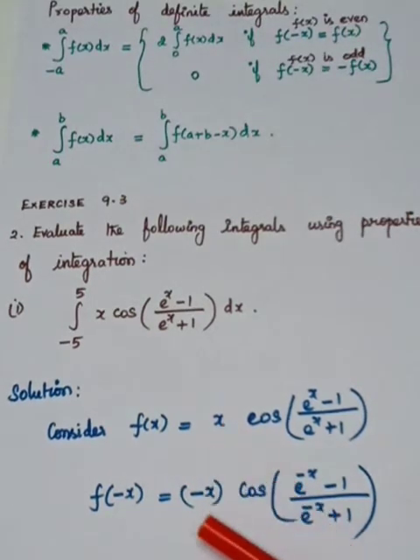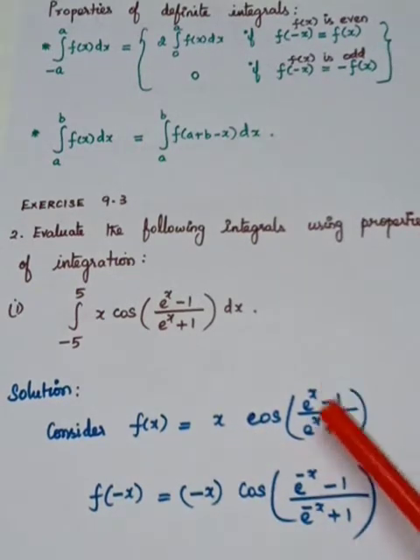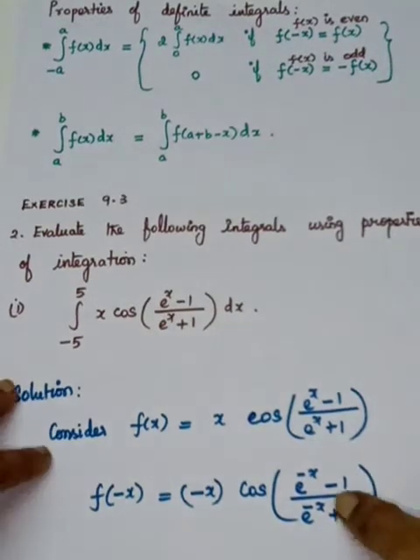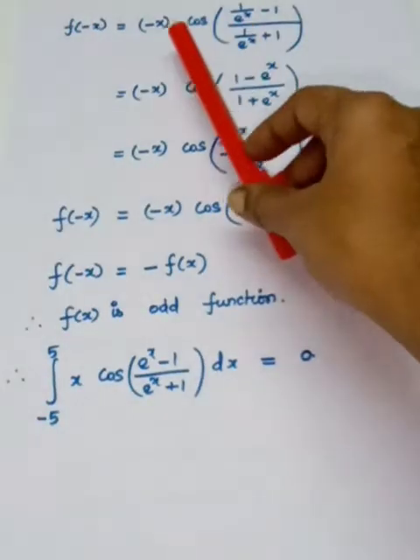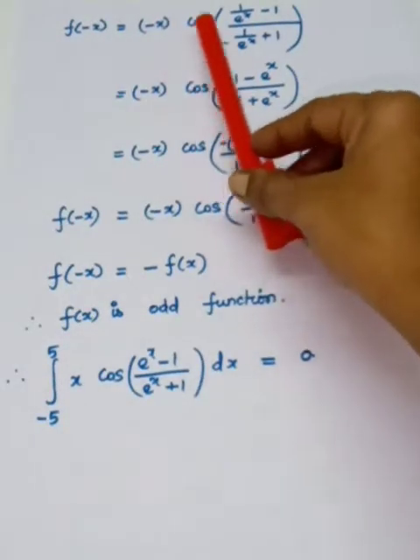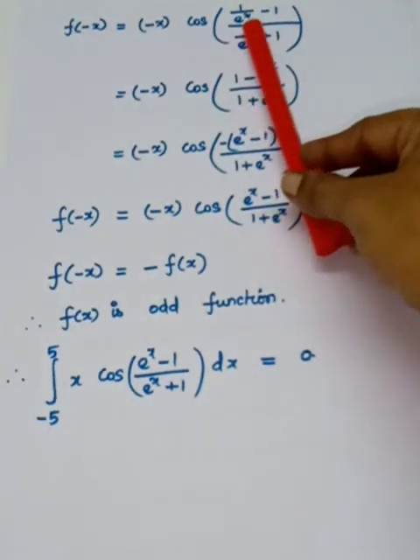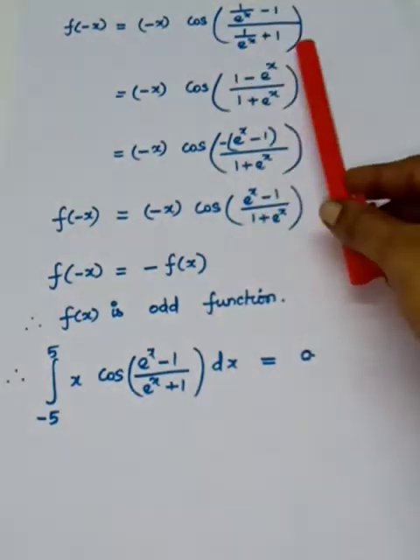So this x will become minus x cos of (e power minus x minus 1) divided by (e power minus x plus 1). So f of minus x is equal to minus x cos of (e power minus x can be written as 1 by e power x, minus 1) divided by (1 by e power x plus 1).